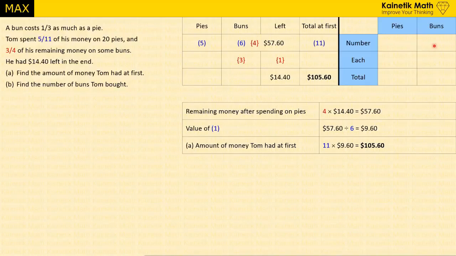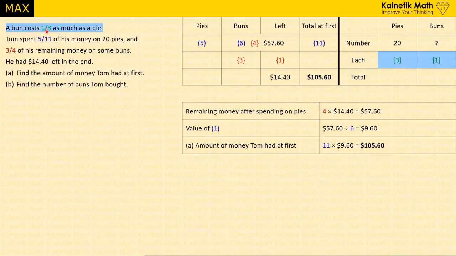Okay, so for this setup, it'll be good for us to write down the number of things first if possible. So the number of pies we are given, it is 20. Okay, the number of buns is exactly what we need to find in part B. So we put a question mark here again. Next, we go to the price of each of them, which is given in the first statement.